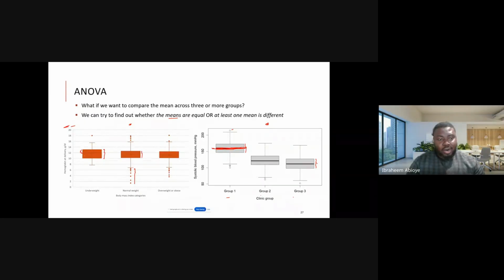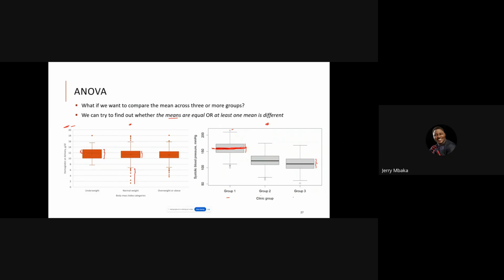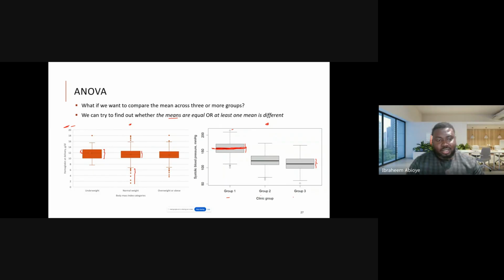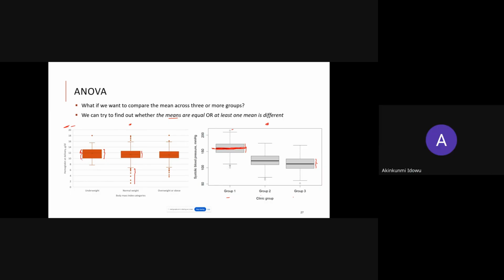Okay, how about the distance between this median line and the upper edge versus the distance between the median line and this lower edge? Do you think that this looks roughly equal? For the first chart? Yes, for the first one, for the underweight, they look almost equal.